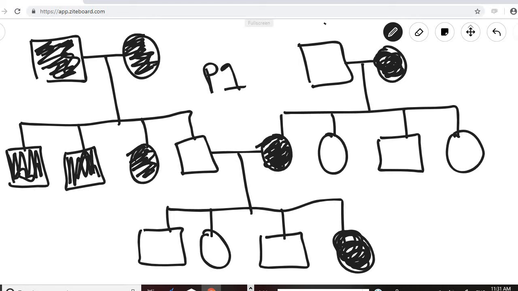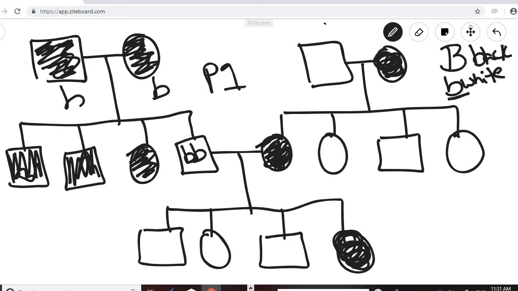If we use B for black and lowercase b for white, lowercase b is a recessive gene. So in order for this guinea pig to have been white, their genotype had to be this, right? So how is it possible for them to get this genotype? Well, they had to get a lowercase b from each parent, right?